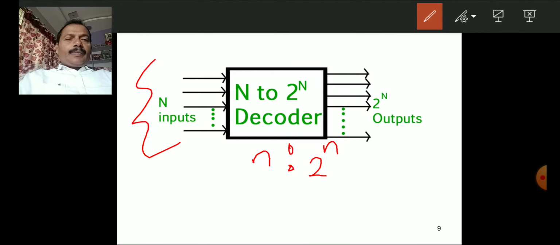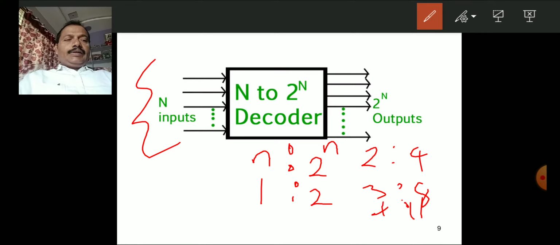That means 1 to 2 decoder, 2 to 4 decoder, 3 to 8 decoder, 4 to 16 decoder, like that. You have different types of decoders.